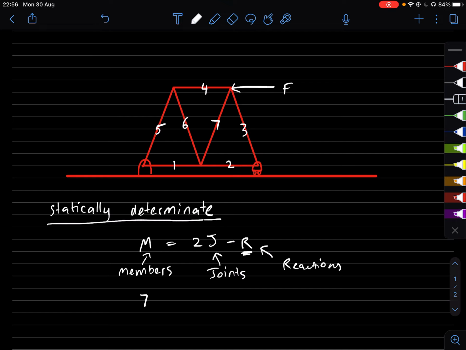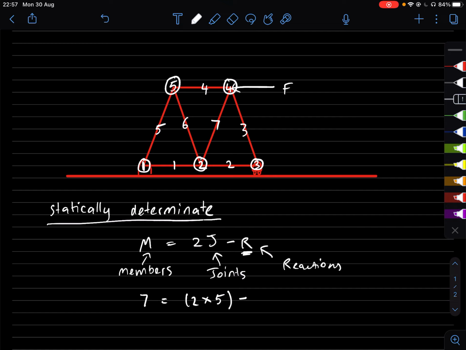Okay, so it has 7 members. 2 times the number of joints. How many joints do we have? Okay, so we have one joint here. We have another joint here. I might circle them to make it easier. We have another joint here, 3. Another joint here, 4. And we have another joint here, 5. Okay, so we have 5 joints.